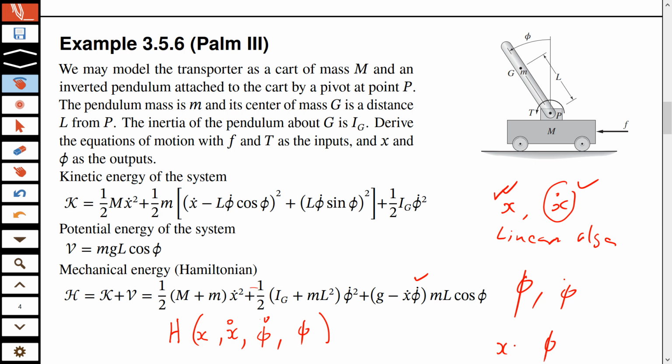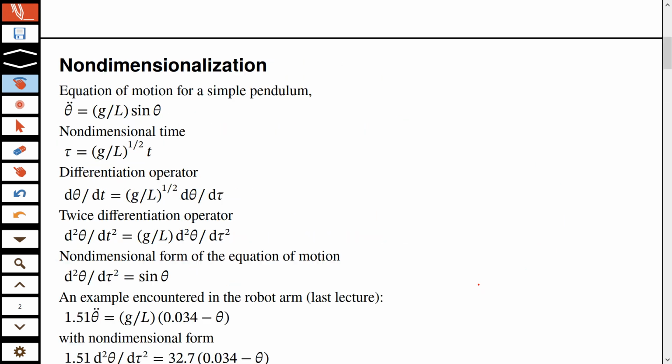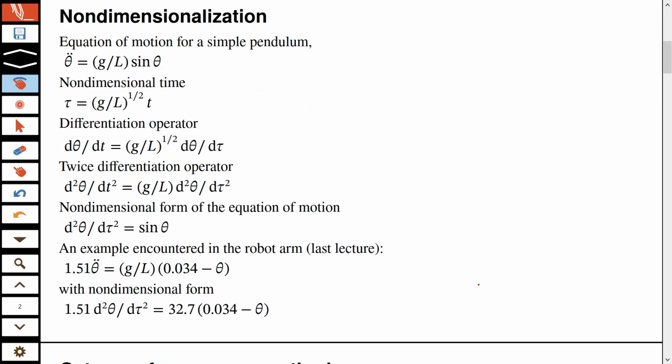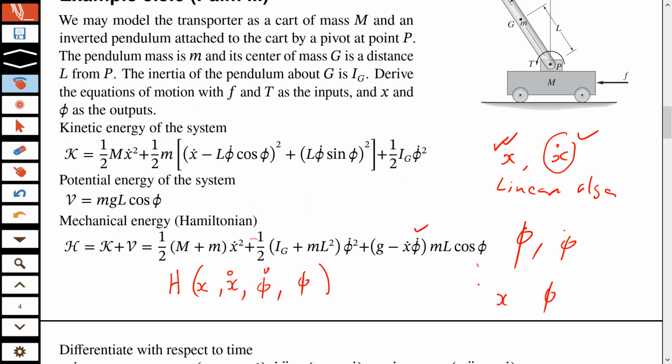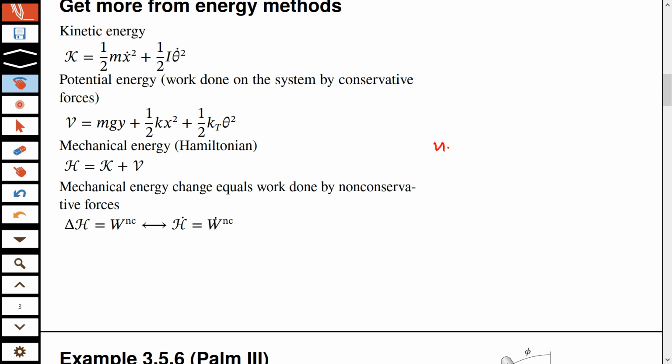Now this is important because in some problems, although I don't have the slide here, when we had, for example, the no slip condition, we had this relationship that v was equal to r omega, or x was equal to r theta. Now, in this case, v and omega are no longer independent. Similarly, x and theta are no longer independent.